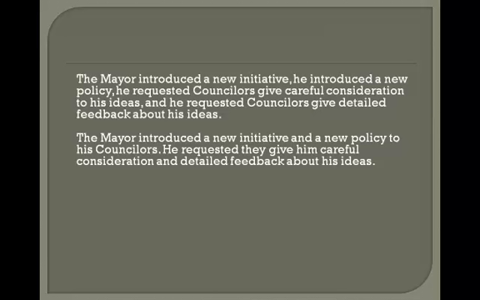The mayor introduced a new initiative and a new policy to his councilors. So we've got a new initiative and a new policy. Those are both grammatically parallel. And then we've used the second verb. He requested they give him careful consideration and detailed feedback. So consideration and feedback then are parallel again.